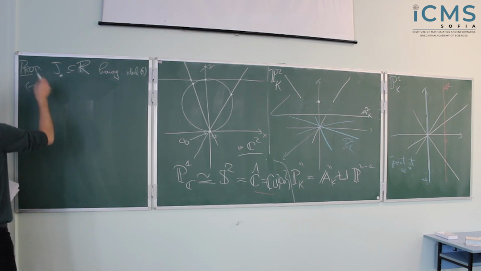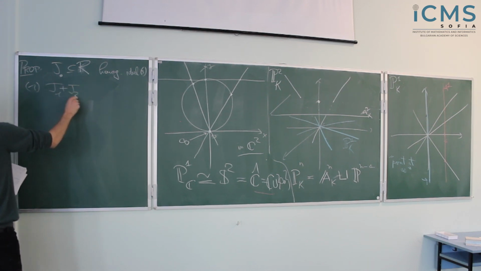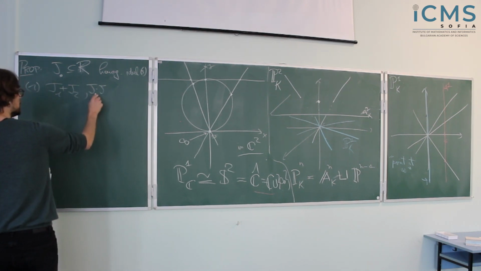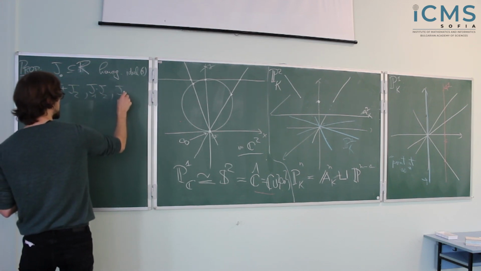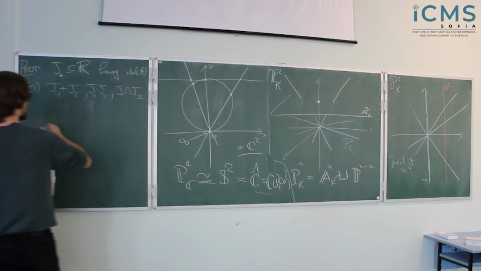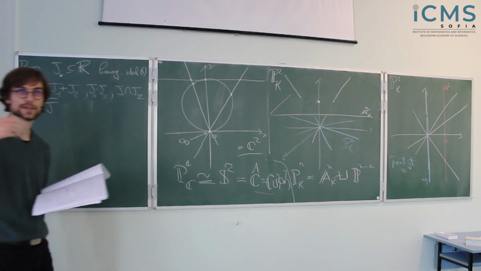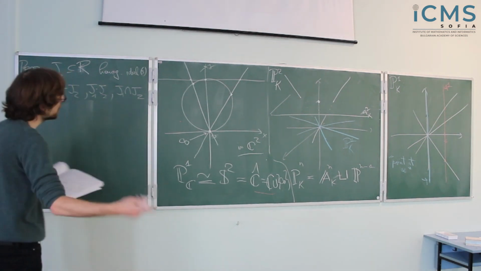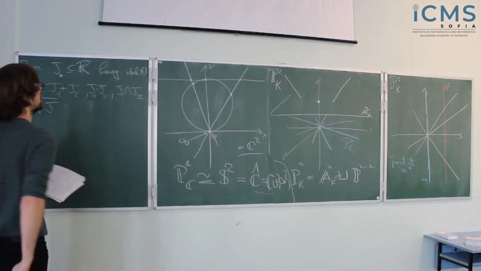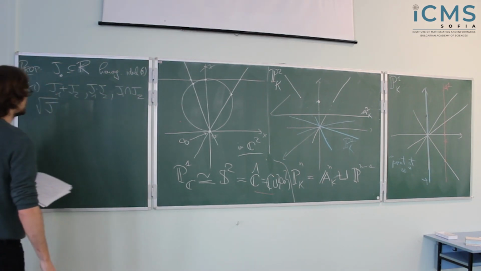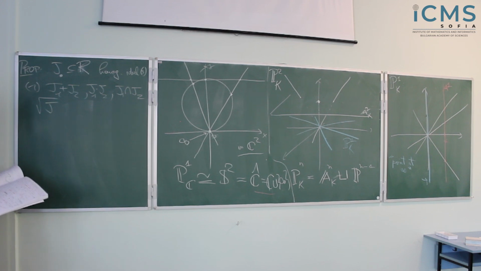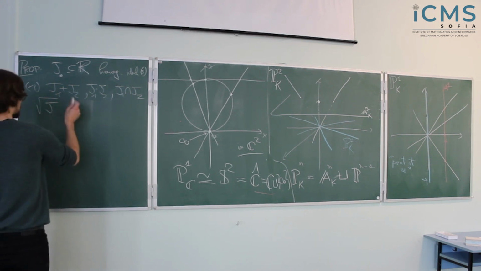One of the things you can do is add them together, multiply them together, consider the intersection, or even take a radical of these ideals. They are still homogeneous. All of these are pretty easy to prove. The only one which is a bit more difficult is this one.